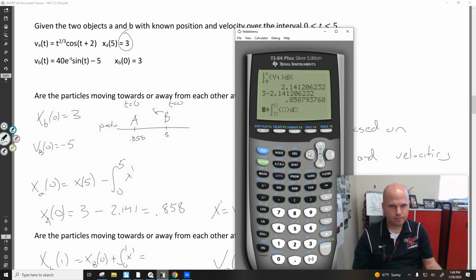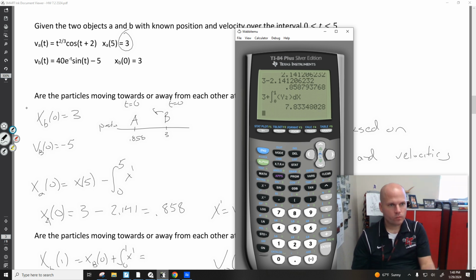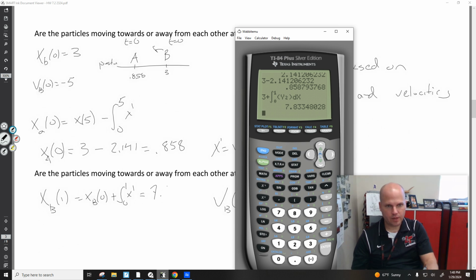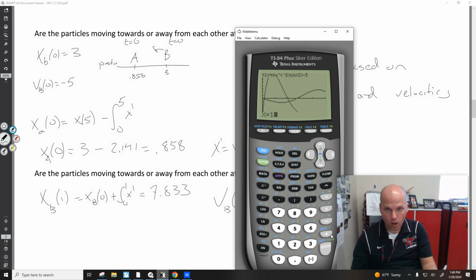My position of B at time 0 is 3. I'm going from 0 to 1 of y2 because it's B. 7.833. Cool.